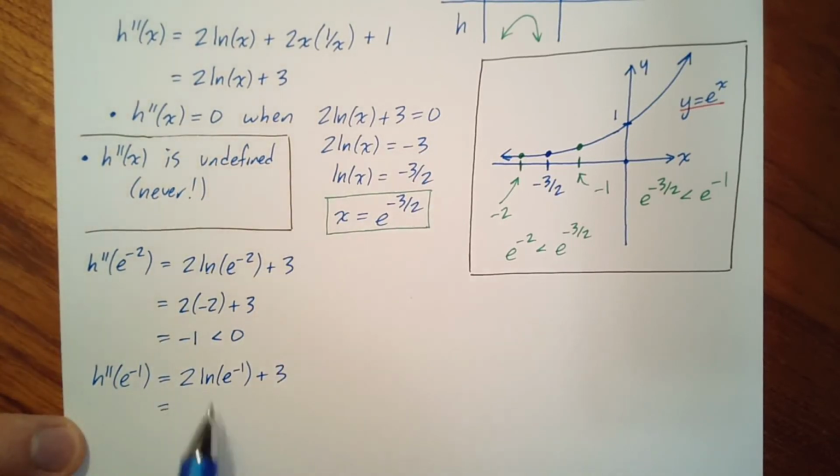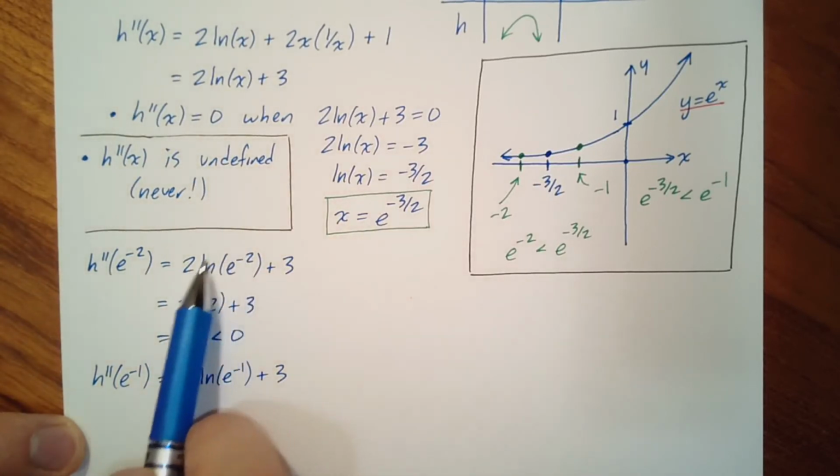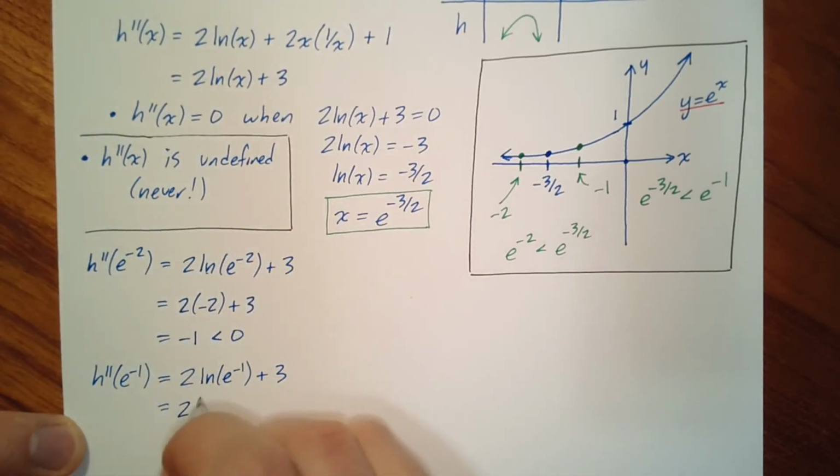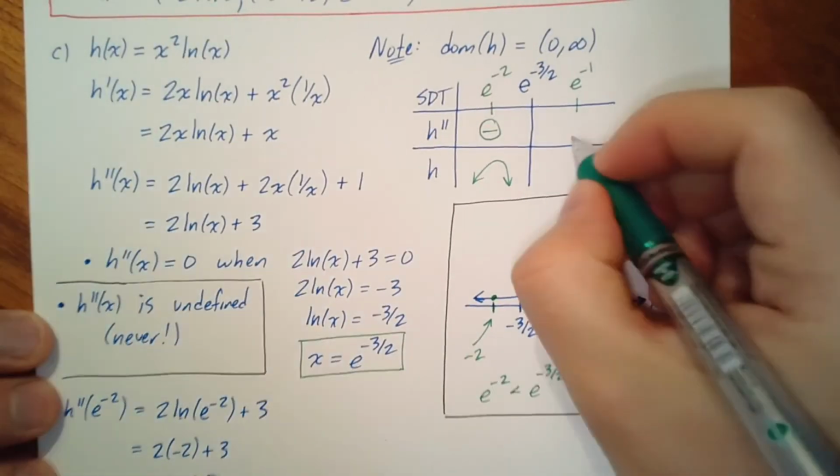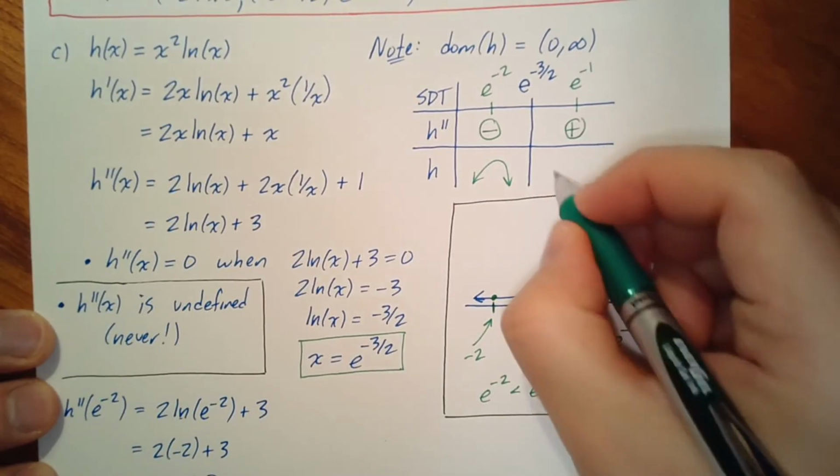So this is just going to turn into negative 1 now, for the same reason that this turned into negative 2. So we'll have 2 times negative 1 plus 3. That's going to be negative 2 plus 3, which is positive 1, which is greater than 0. So that means this is positive here, and that means we're concave up.